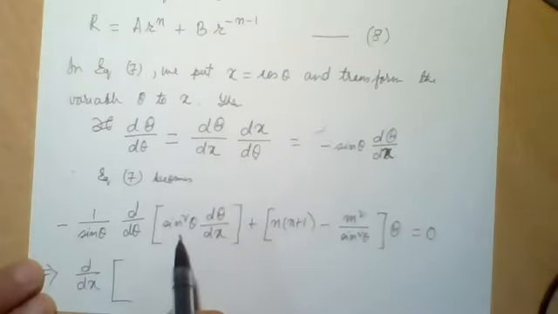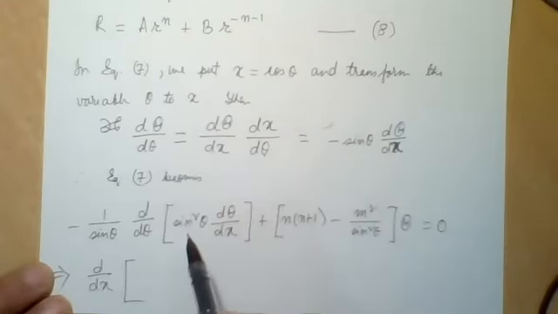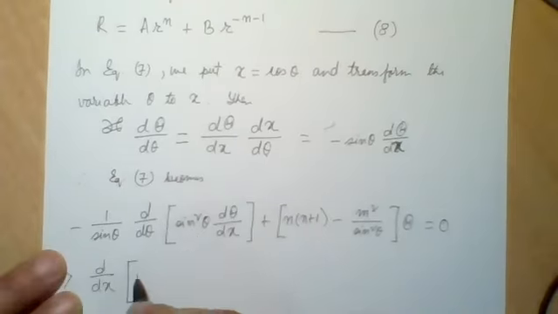And then sin square theta, x is cos theta. What is the relation between cos theta and sin square theta? Sin square theta is equal to 1 minus cos square theta, so it can be replaced by 1 minus x square.